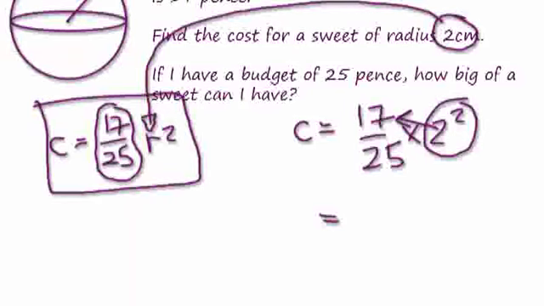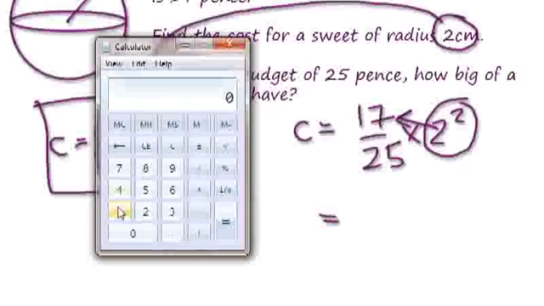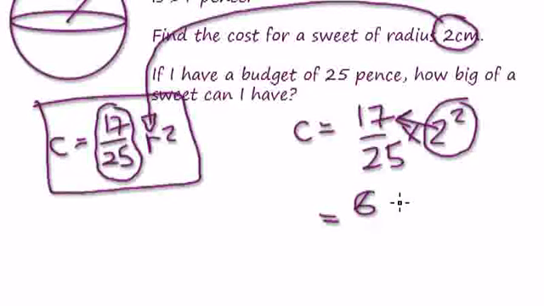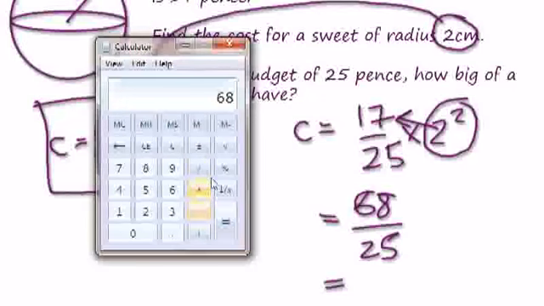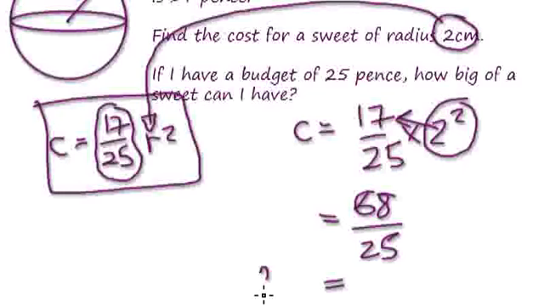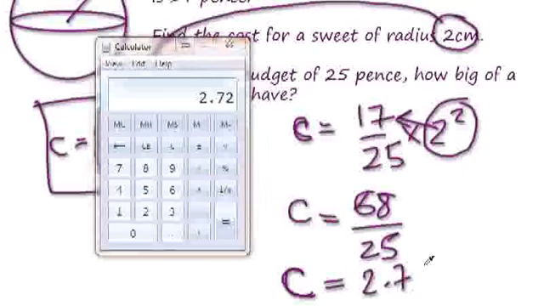Let me get my calculator. 17 times 4 equals 68, so 68 over 25, and 68 divided by 25 equals 2.72.